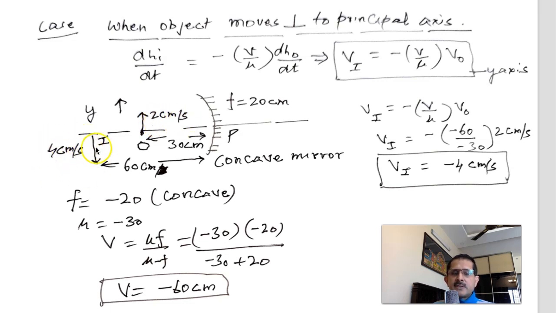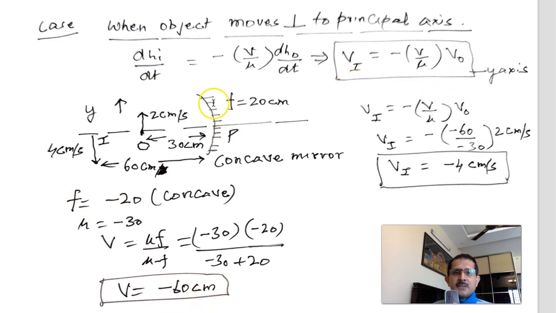This is the final result, so please ignore it right now. They have given you the focal length. They have given you U as 30 centimeters. The distance is always measured from, in this case because it's a concave mirror, the incident ray, from here to here. So U is minus 30, F is minus 20. I will get V is equal to minus 60 centimeter.